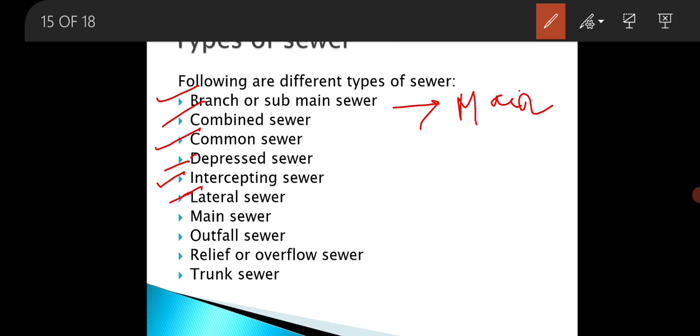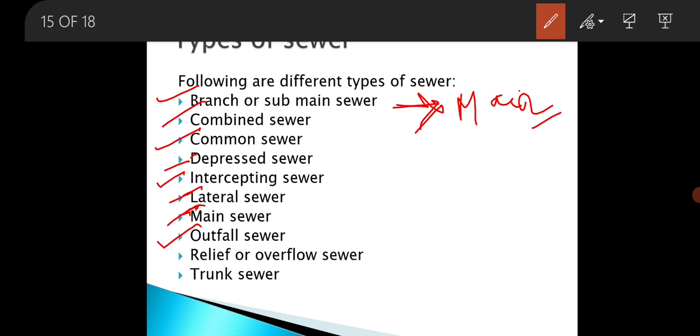Lateral sewer is the sewer which obtains its discharge directly from the building. Then main sewer. Main sewer is used to indicate the sewer which obtains its discharge from a few branch or submain sewers. So the sewage is carried from branch sewers to the main sewer.